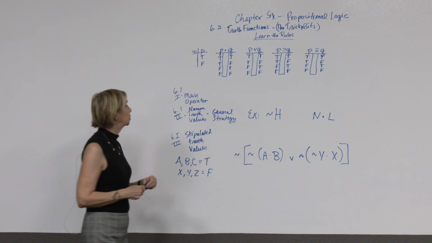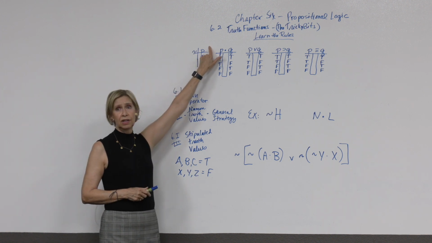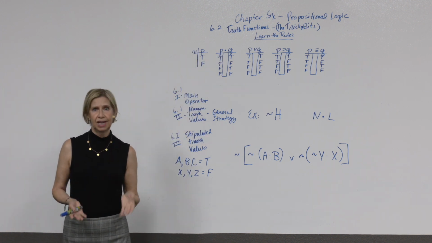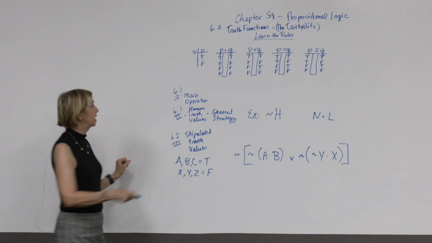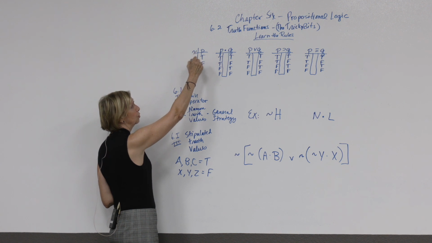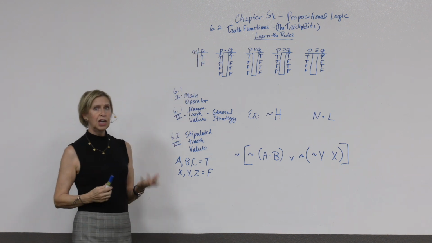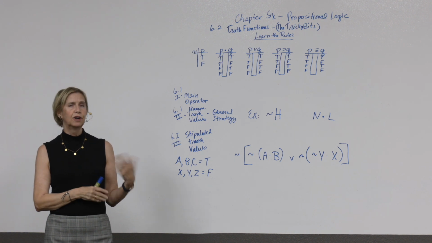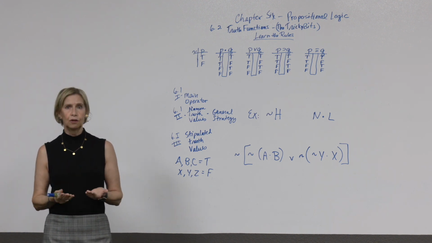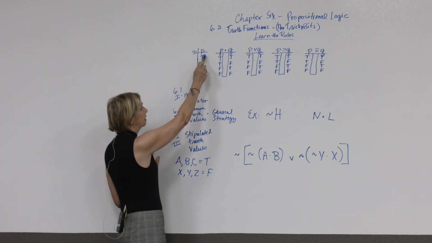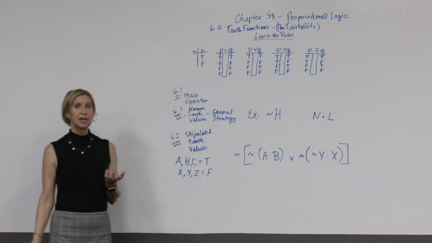So for example, let's take the small letter P, which always stands for just any simple statement. For any simple statement, if the truth value can be true or false, then we have to know how putting a not in front of that statement affects the overall truth value. So let's say we had a proposition like Joe Biden is president.